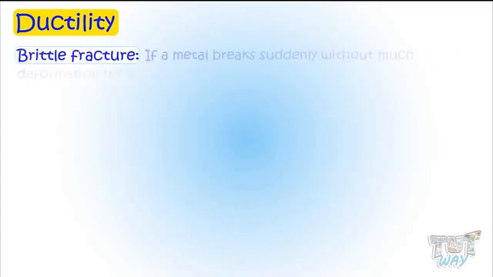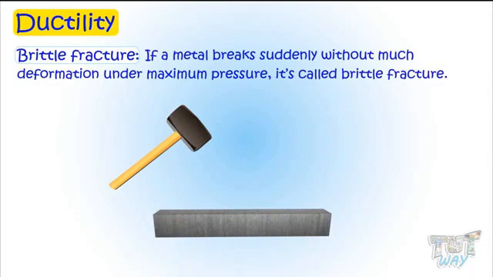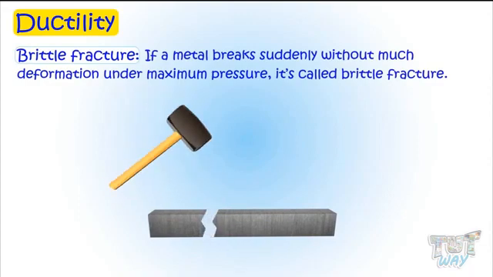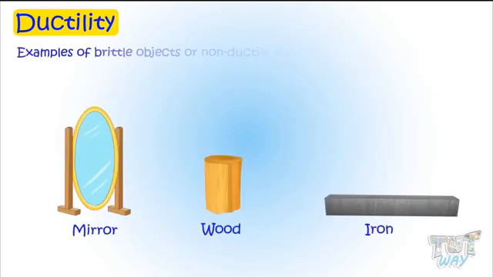When a metal or any matter is put under maximum pressure and it breaks suddenly without much change in shape, it's called brittle fracture. Such a metal is not at all ductile, and it is called a brittle metal.